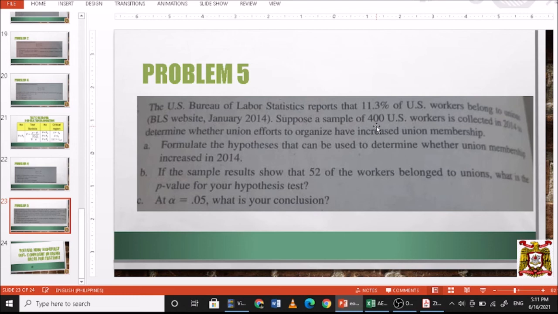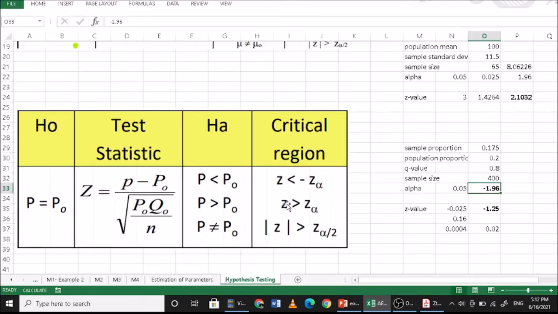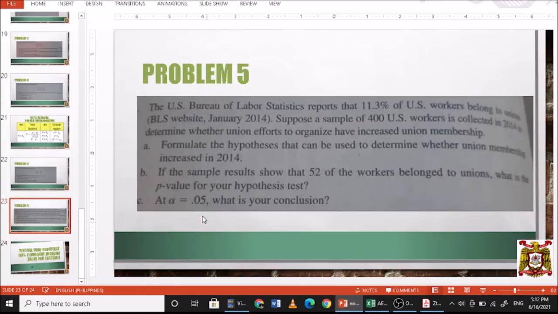Formulate the hypothesis that can be used to determine whether union membership increased in 2014. So, increased, so greater than. Z is greater than Z alpha. If the sample results show that 52 of the workers belong to unions, what is the p-value for your hypothesis test? And at alpha 0.05, what is your conclusion?